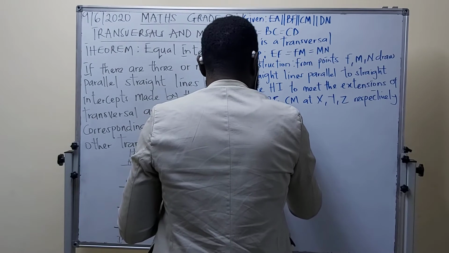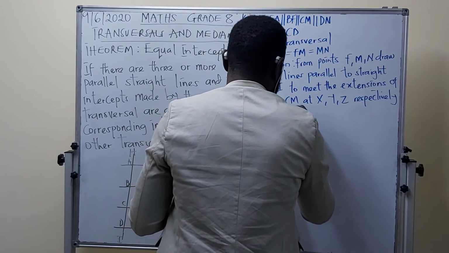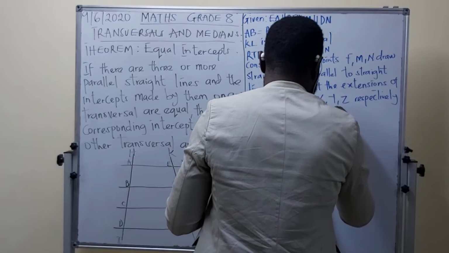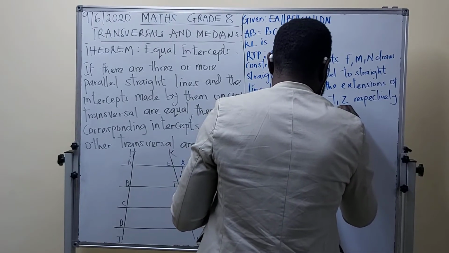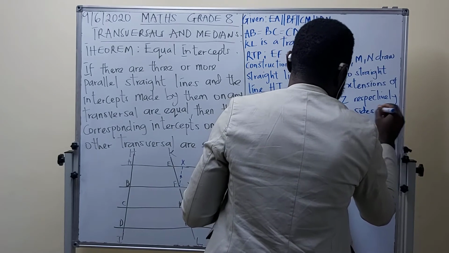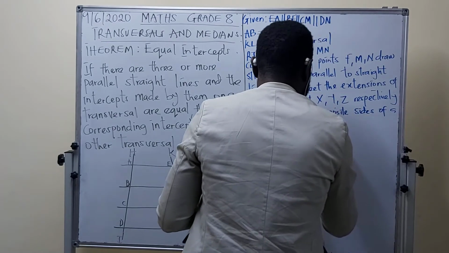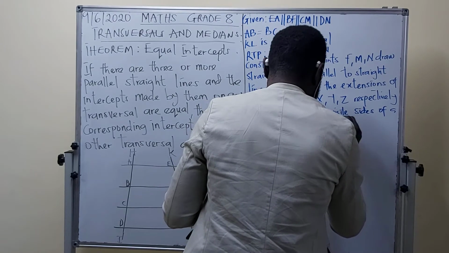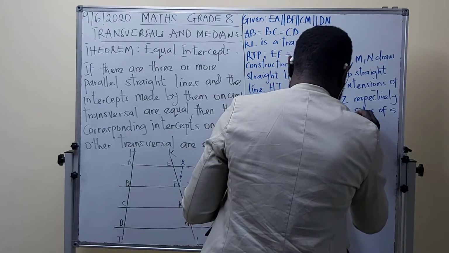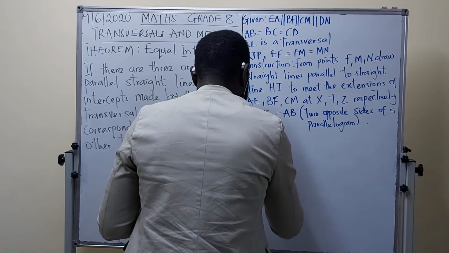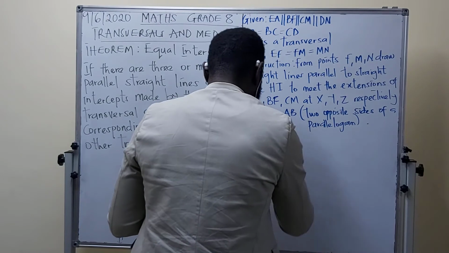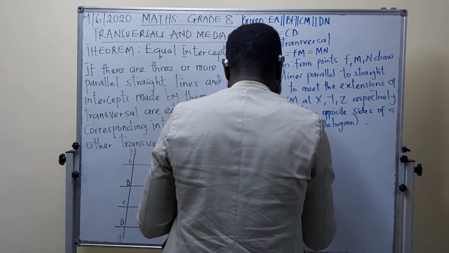Therefore, XF equals AB, opposite sides of the parallelogram. I'm just trying to manage this part of the board so that I won't have to rub off anything over there.